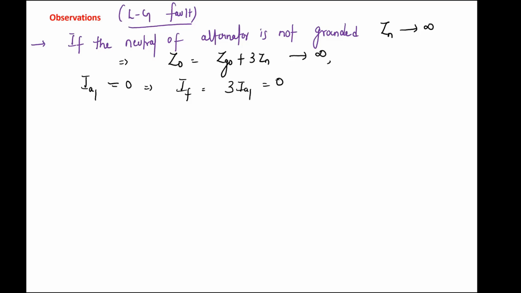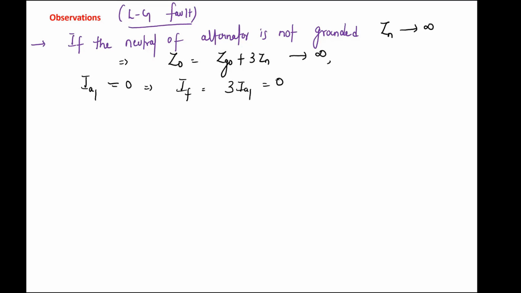That means if you don't ground the neutral of the alternator, then the LG fault current is 0. Understand? That is the first observation.